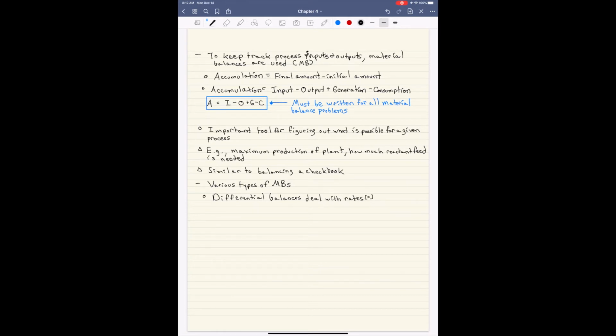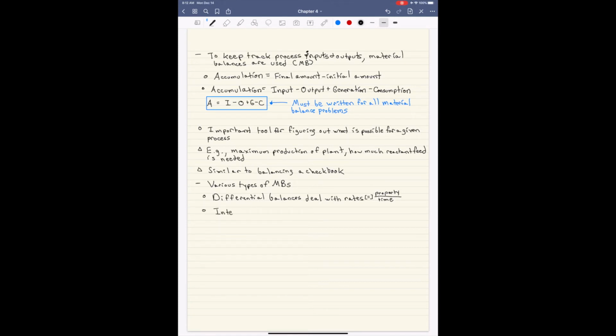If you're given a flow rate, or a process variable that's given in units of some sort of property per time, that means you're going to have to use differential balances. Okay?